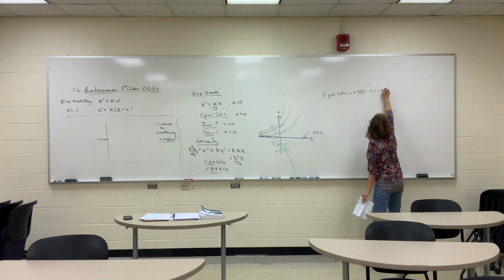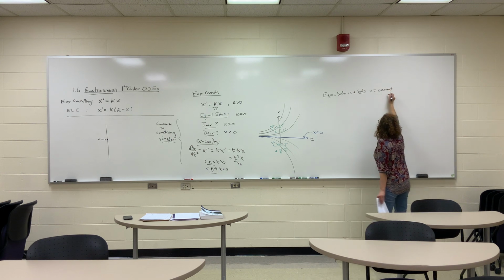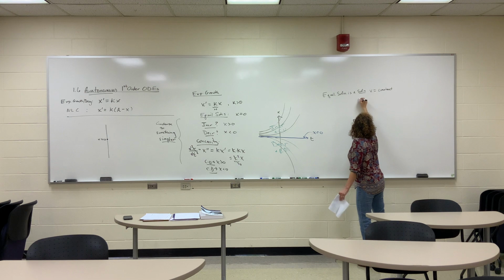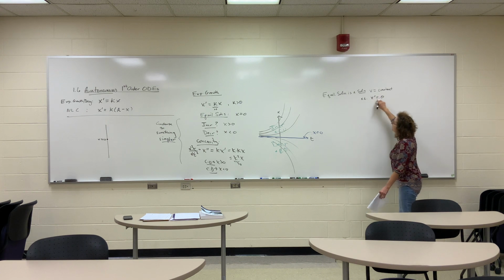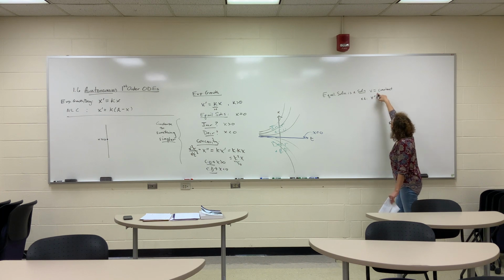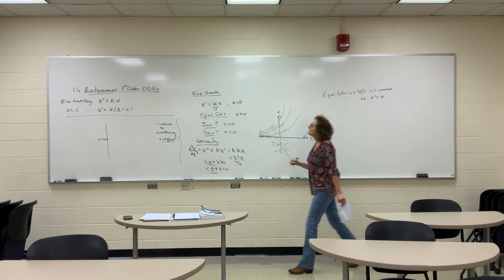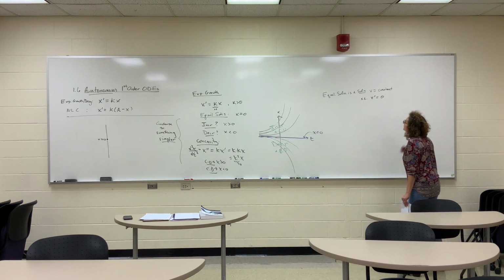X equals some constant, such that the derivative is 0, right? That's a consequence of this guy being a solution. X equal a constant has the derivative being 0, right? Okay? So that means no change in our solution, right?